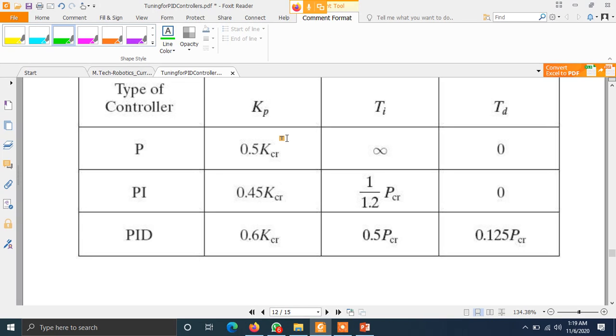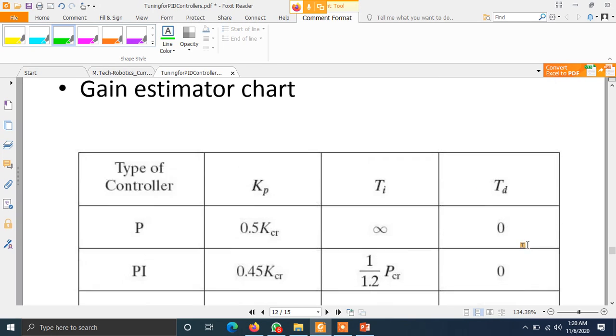Second, in PI you have Kp and Ti, because Td doesn't exist here, which is 0.45 Kcr and 1 by 1.2 times Pcr. Similarly for PID it is 0.6 Kcr, 0.5 Pcr, and for Td it is 0.125 Pcr.